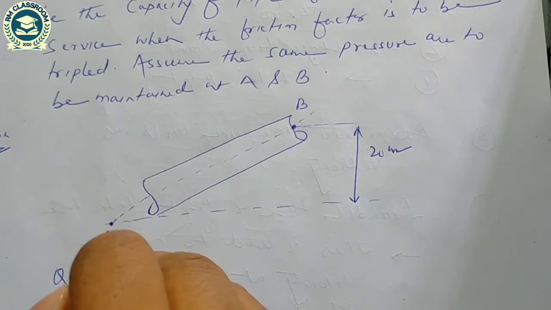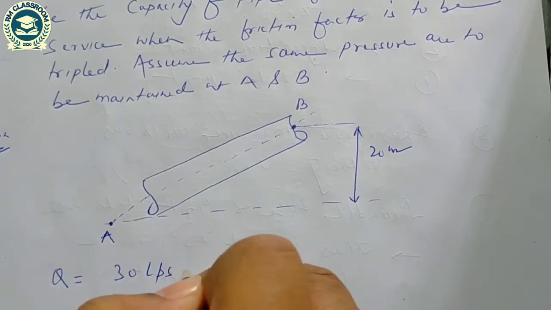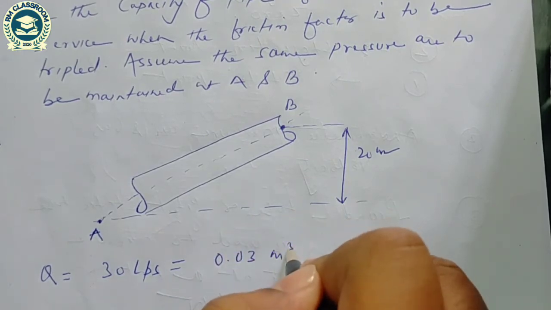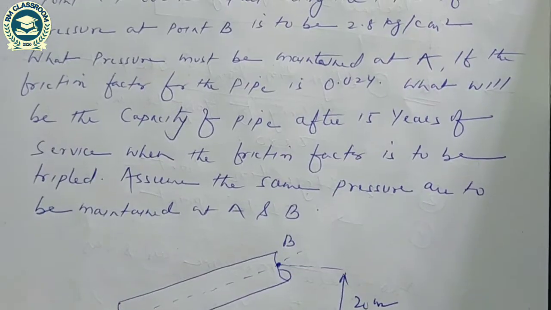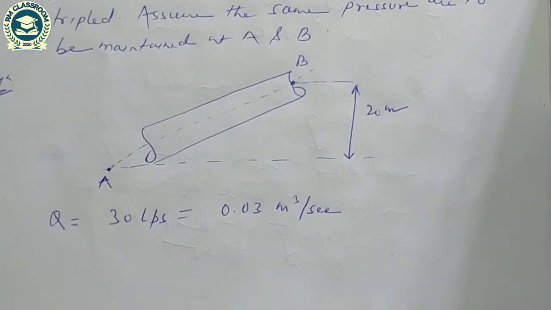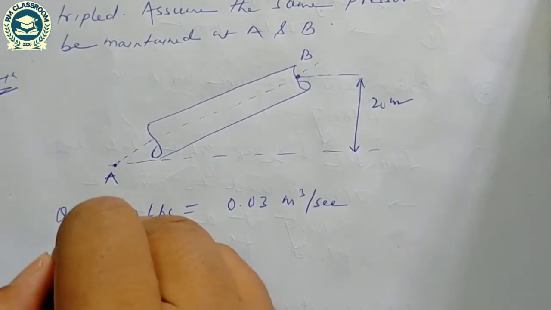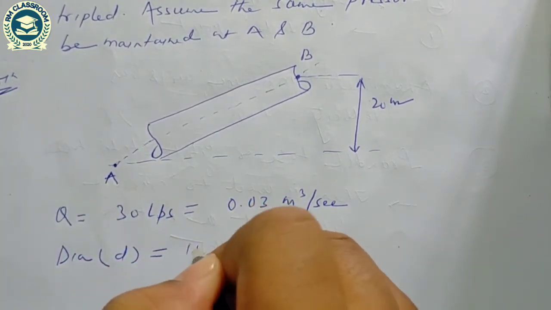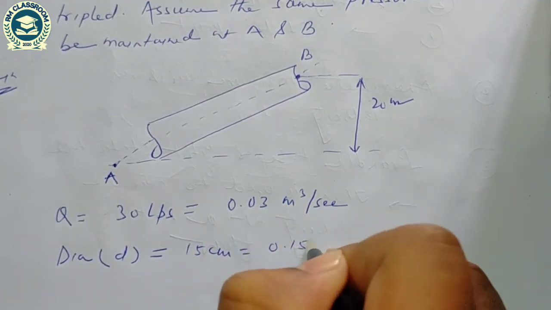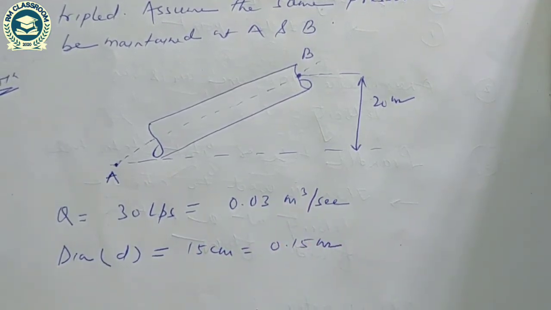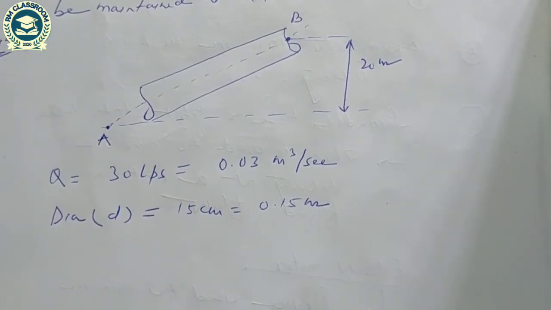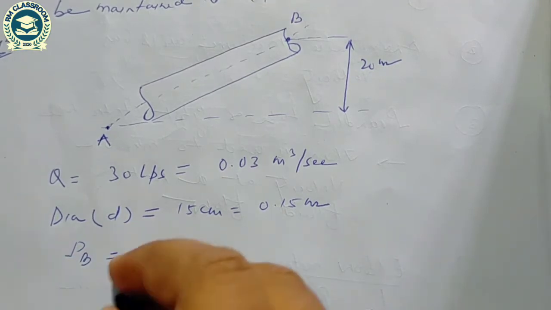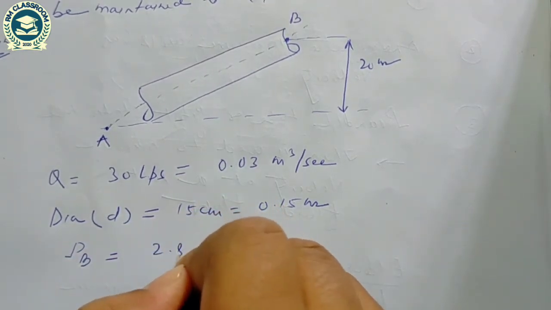The given data: Q is equal to 30 liters per second. If I convert it to meter cube per second, it is 0.03 meter cube per second. Diameter of the pipe is given, D is equal to 15 centimeter, so 0.15 meter. And the pressure at B is given, PB is equal to 2.8 kg per centimeter square.